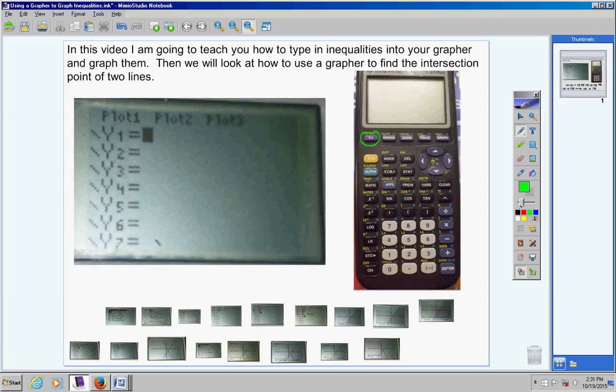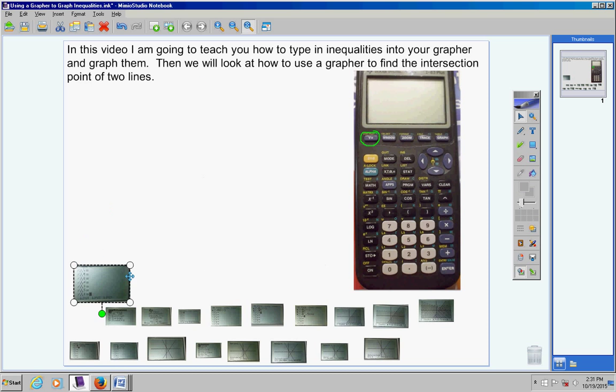And by the way, if you scroll down, there's more. I believe your calculator holds up to 10 if I remember correctly, okay? So scroll down and make sure you delete everything, okay?